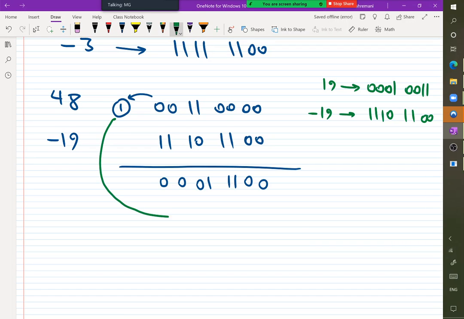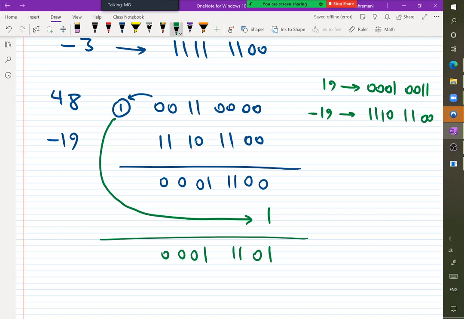So we bring it here and add it to the sum. So we will have 0, 0, 1, 1, 1, 0, 0, 1. And this one is the solution.